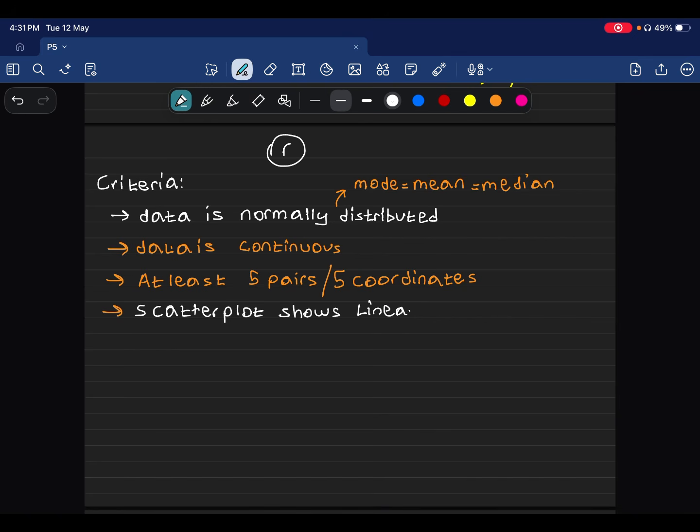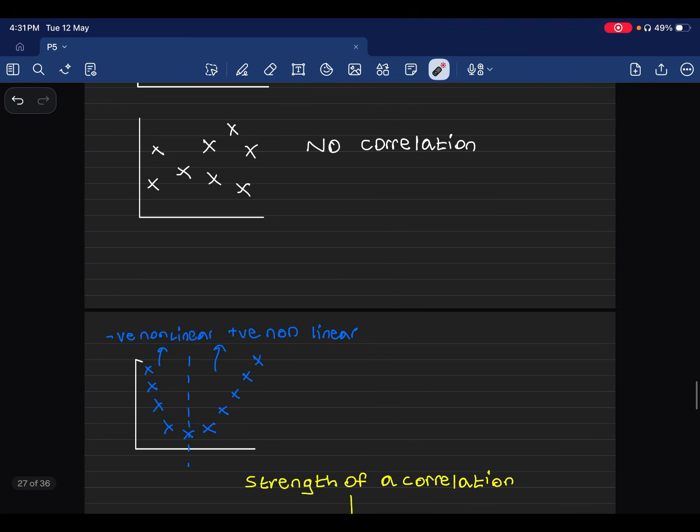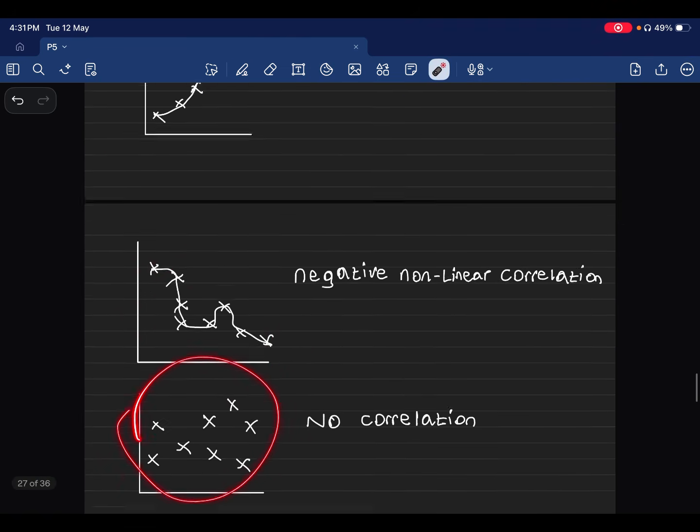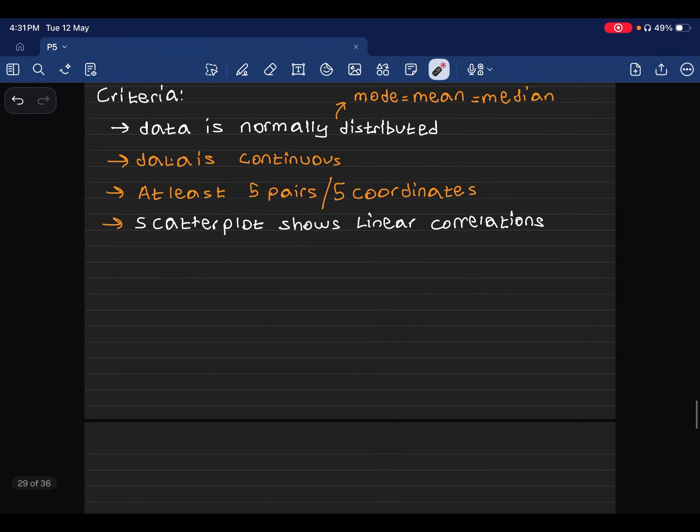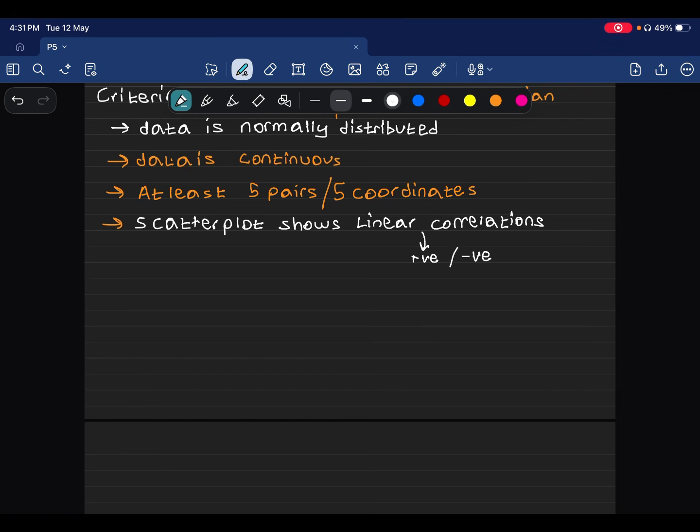So remember, we looked at different examples, where there was no correlation or where there was non-linear correlation. You can't use Pearson for this. You can only use it when there is linear correlation. Now, which type of linear? Positive, negative, doesn't matter at all, but it needs to be linear.